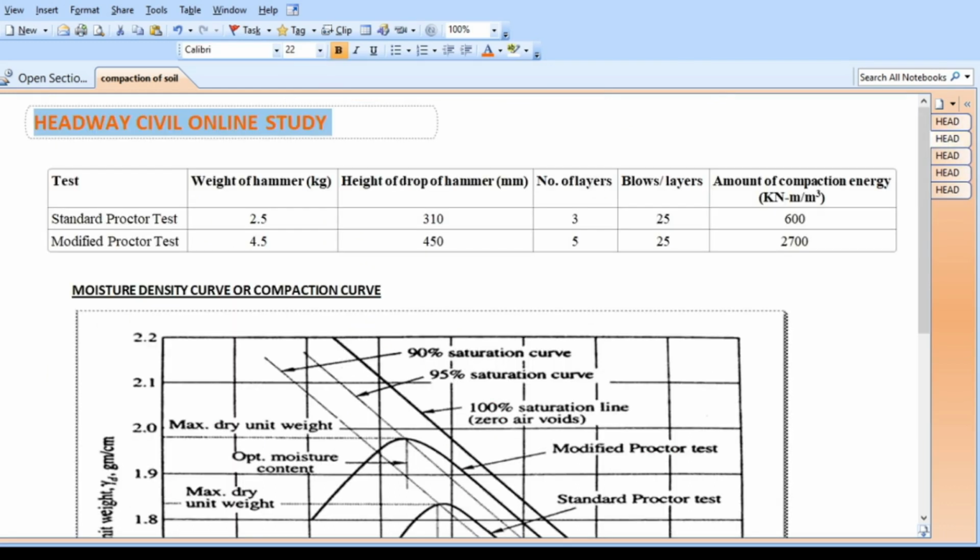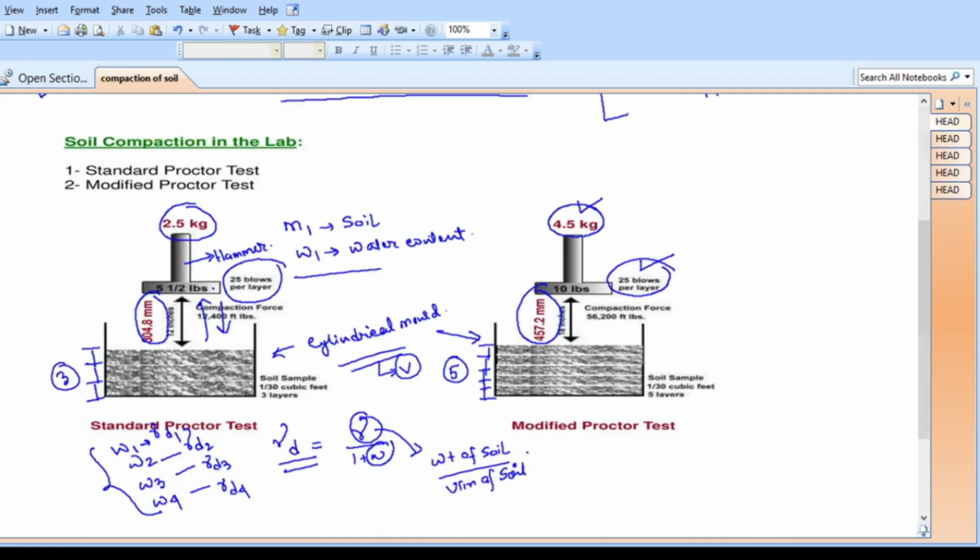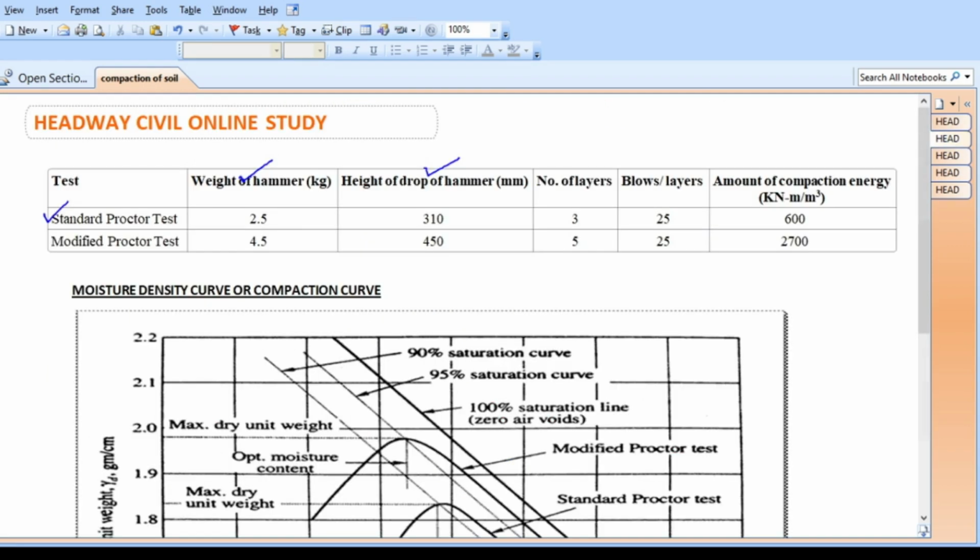Here you will see I wrote it in a tabulated form. For the first one, the standard Proctor test, the weight of the hammer is 2.5 kg, and the height of drop was 304.8 mm. I just approximated the value as 310 mm.